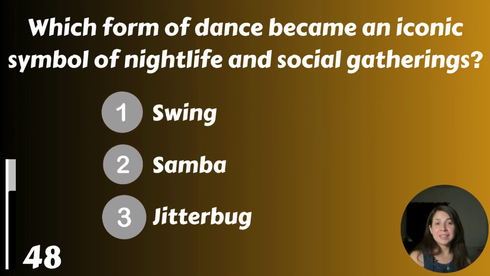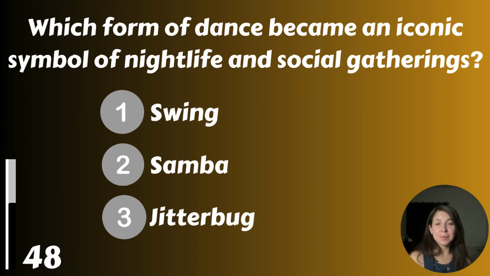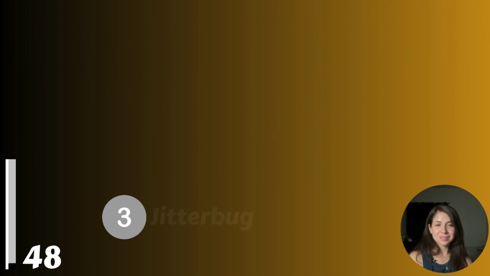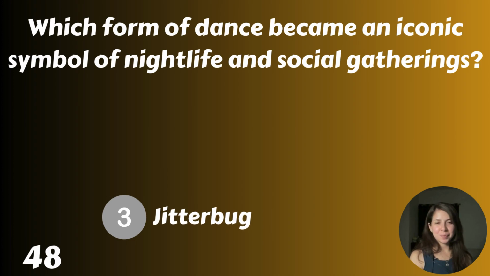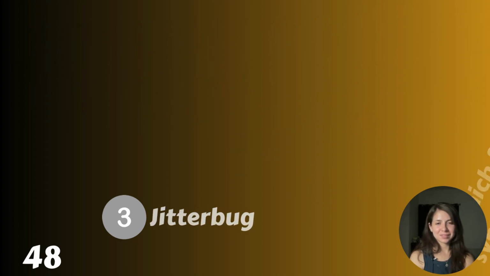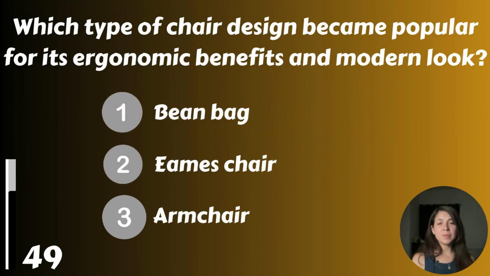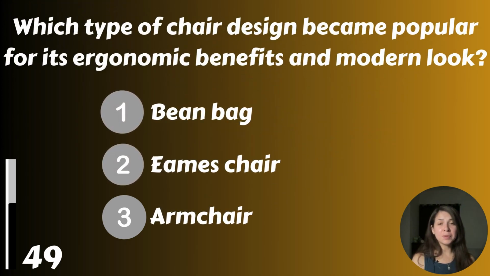Which form of dance became an iconic symbol of nightlife and social gatherings? Swing, samba, or jitterbug? Jitterbug. Which type of chair design became popular for its ergonomic benefit and modern look?